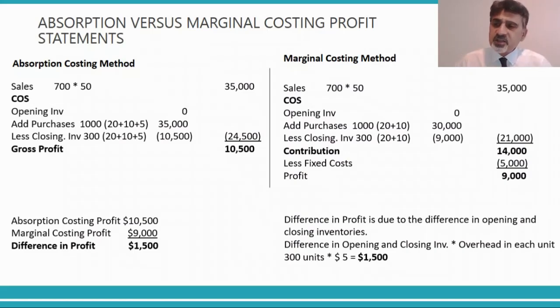And the difference in the profit would be the difference in the opening and closing inventory, like 300, multiplied by the fixed overhead in each unit. Now that's 1500. First I calculated where it comes from, but now we need to understand why this happens. So let's go to the next slide and see why this happens.